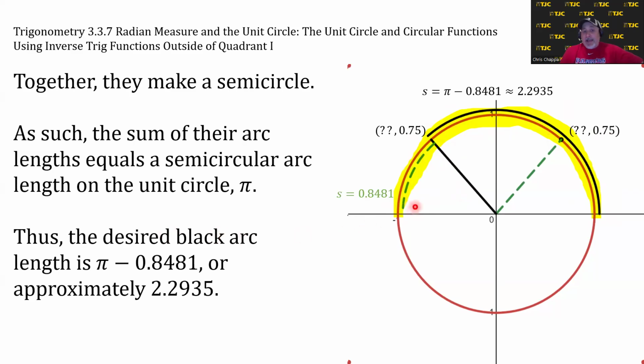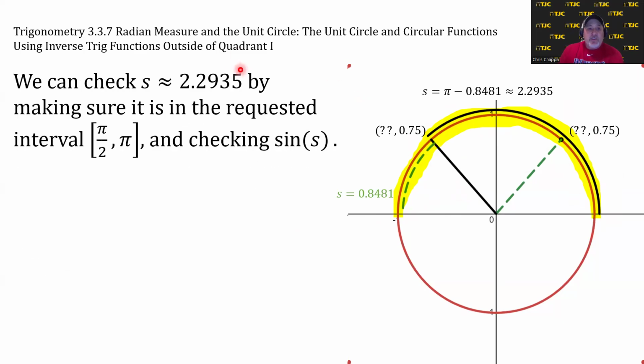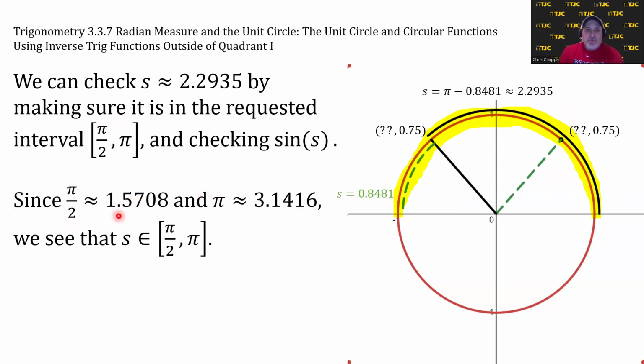Thus, the desired black arc length is pi minus 0.8481, or approximately 2.2935. And we could check that answer by making sure it's in the requested interval and by checking sine of S. Since pi over 2 is about 1.5708, and pi is approximately 3.1416, and this number is between them, we see that S is in that interval.